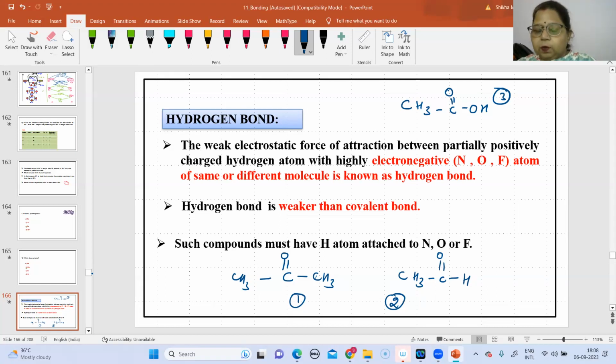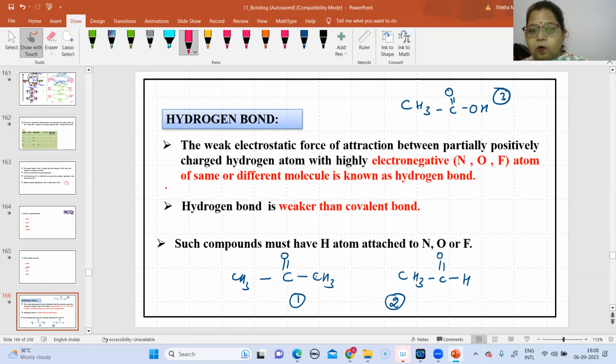Look at compound number 1 carefully. Can you see hydrogen attached to oxygen? Ritika, can you see hydrogen attached to oxygen? Yes, ma'am. Okay, anybody differs from Ritika? I'll say I can't see hydrogen attached to oxygen.